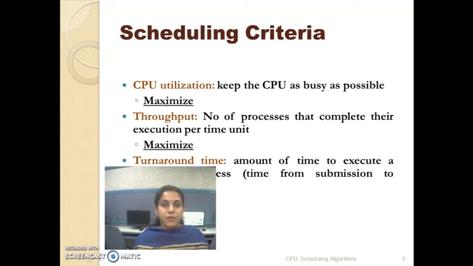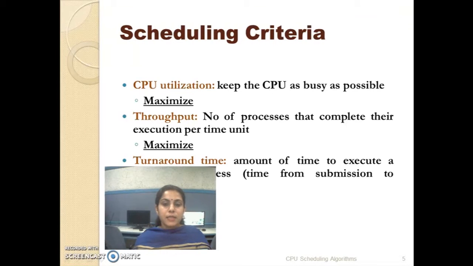Now let's have a quick review of the scheduling criteria. The various points are, first, the CPU utilization. What is CPU utilization? It means keeping the CPU busy for the maximum time, and it should always be maximum. Second is the throughput.